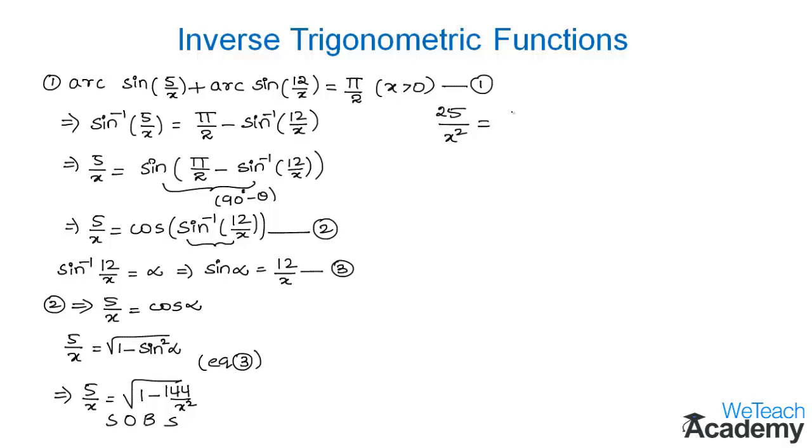So we get 1 minus 144 divided by x square. And now transferring x square terms to any one of the sides, we get 1 equal to 25 divided by x square plus 144 divided by x square. So here we have a common denominator, then we can add the numerators. So 25 plus 144 is 169 divided by x square.